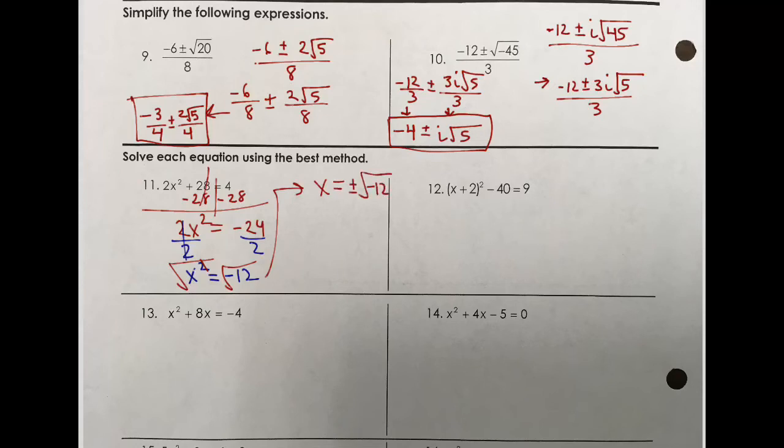Then we have to bring that out as an I. As an I, as x is equal to I radical 12. And then we want to see if you can take the square root of 12, if it simplifies, and it does. And so x is equal to 2I radical 3.